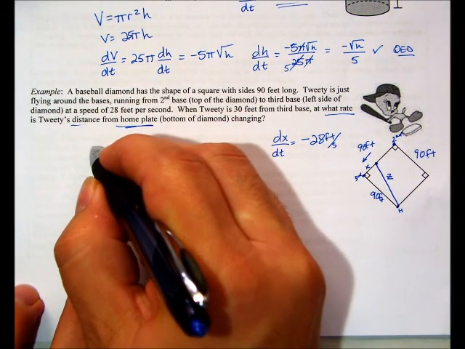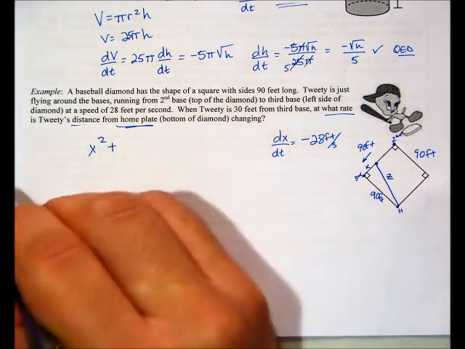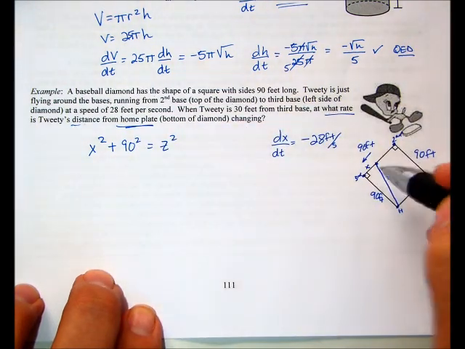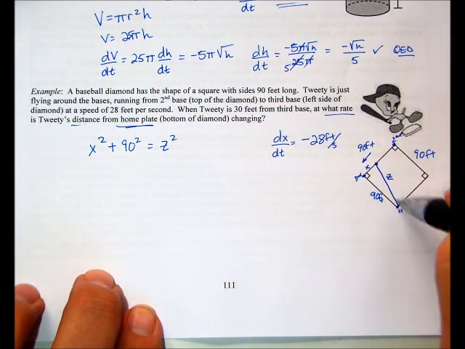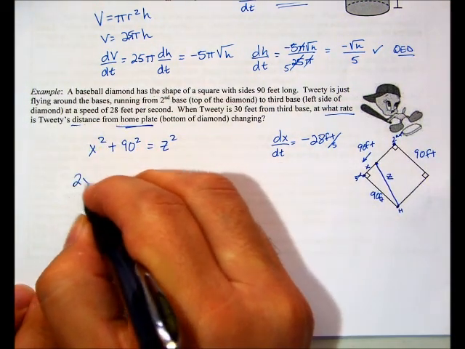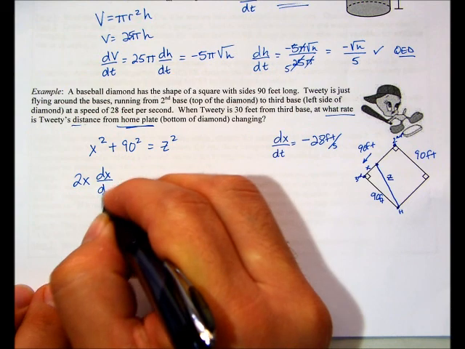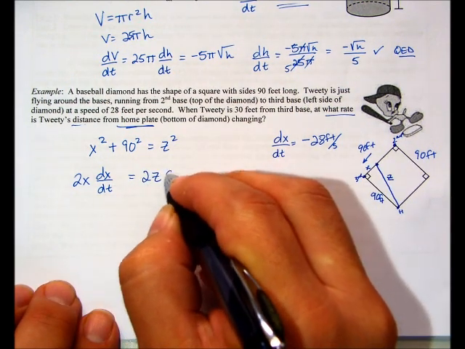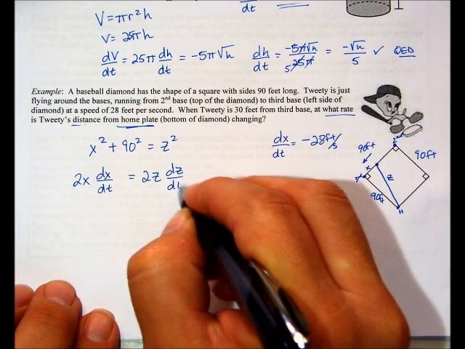Pythagorean theorem. So we're going to have x squared plus 90 squared equals z squared. And we're looking at this right triangle here. So we're going to take a derivative: 2x dx/dt, remember we're taking it with respect to t, equals 2z dz/dt.